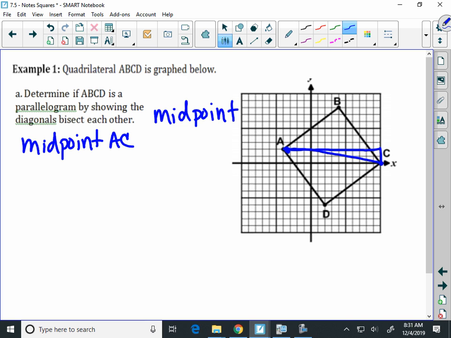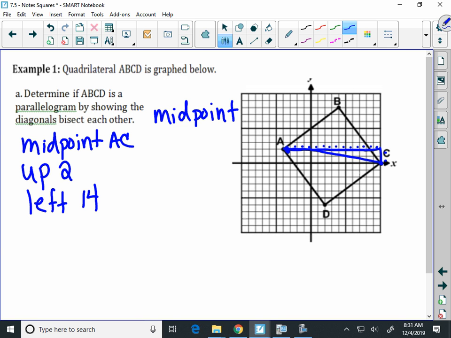And what we did is we went up 2. And then I went left. I'm going to have to count. So we went up 2, and then 1, 2, 3, 4, 5, 6, 7, 8, 9, 10, 11, 12, 13, 14. We went left 14.